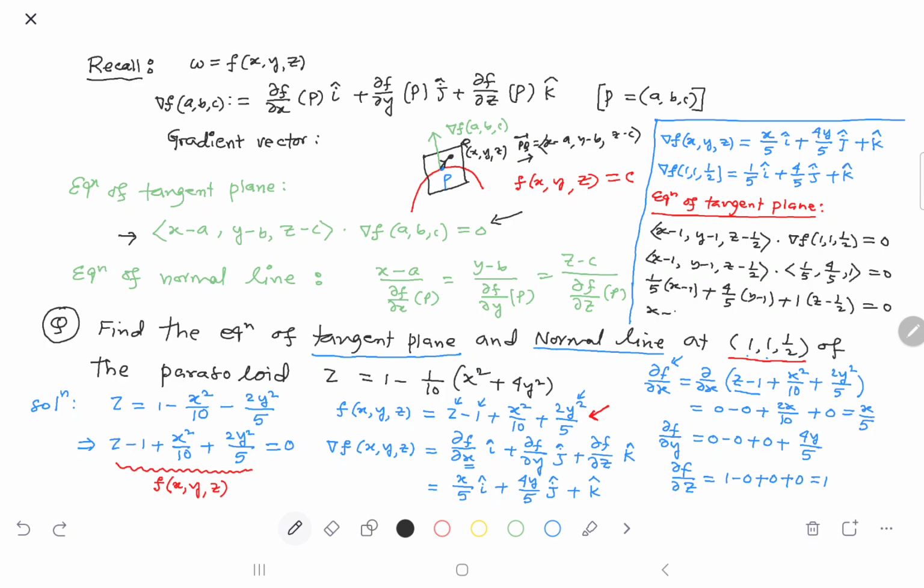What should we get? (x minus 1) plus (4y minus 4) plus (5z minus 5/2) equals 0.